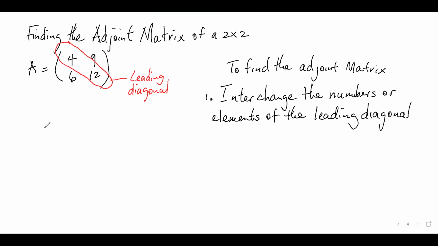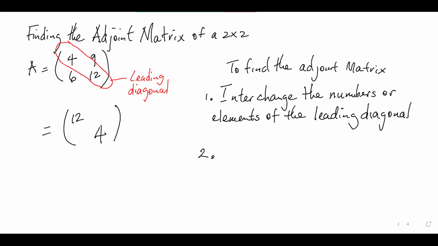What does that mean? It means that wherever I see 4, I'm going to put 12. And wherever I see the 12, I'm going to put 4. Everybody understands that? I interchange them. Is that okay? Is that okay, people? Yes, sir.